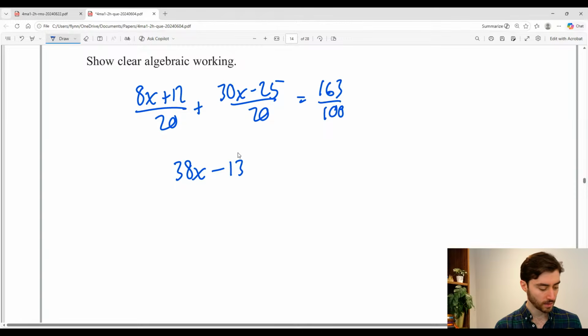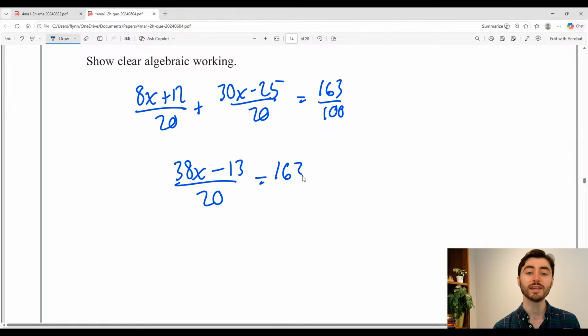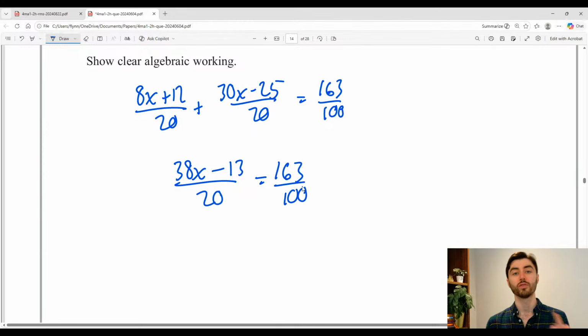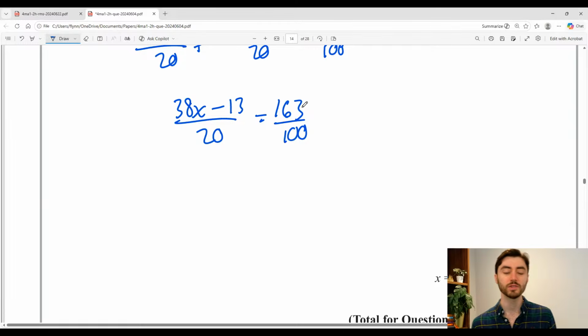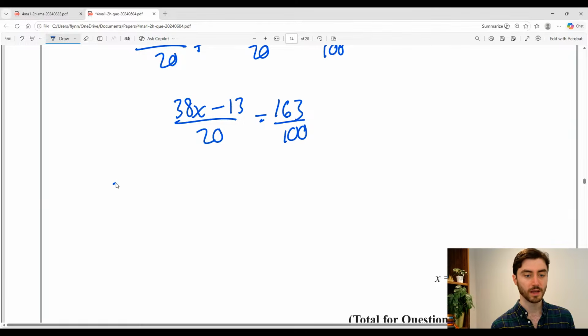But again, my brain's not in the mood, so I'm just going to run that on the calculator to make sure I haven't done anything silly. And then we cross multiply, although this is where I advise you not to, because it is actually easier. I'll show you the more rigid method first, which is to cross multiply. Multiplying the 100 up to the left, we get 3800x minus 1300.